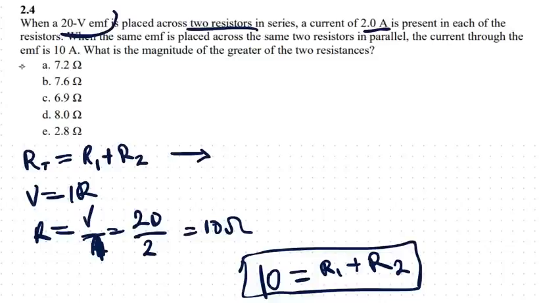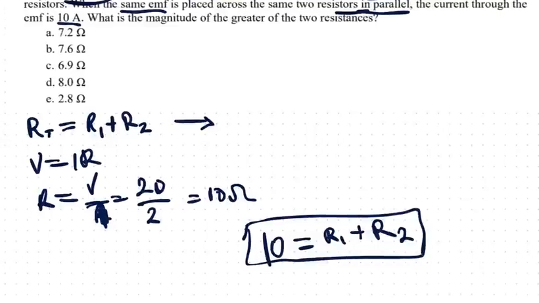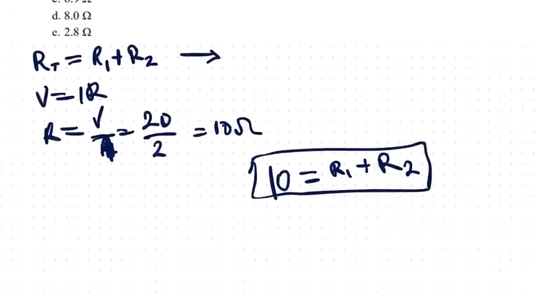So in the second case, we're told that the same EMF was actually placed across two resistors in parallel, but this time the current is 10 amps. Let's see how we can approach this as well.